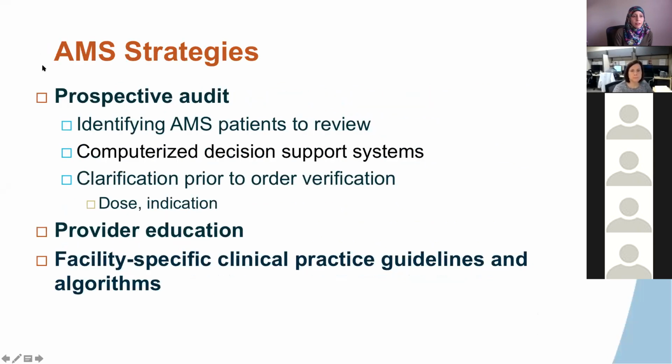So what are some of the antimicrobial stewardship strategies? These are outlined in the IDSA guidelines. I won't go through all of them, but we're going to go over just a few, the ones we see and use most often. The first one is the prospective audit. This is the one that you're probably going to be using most often.